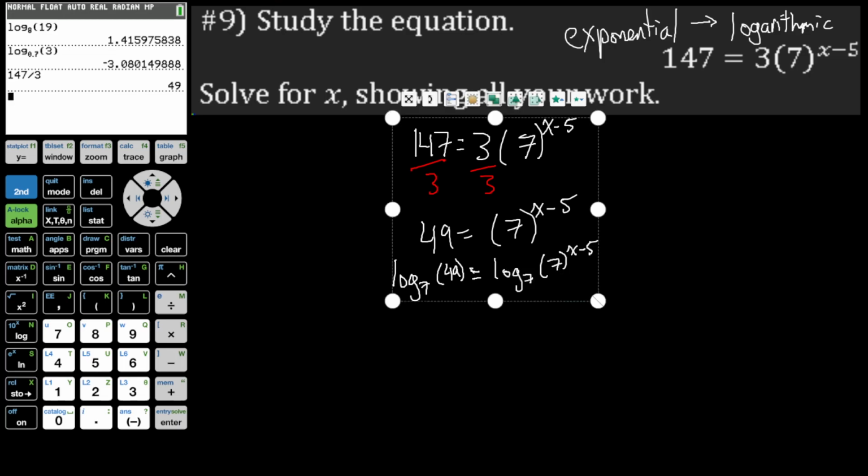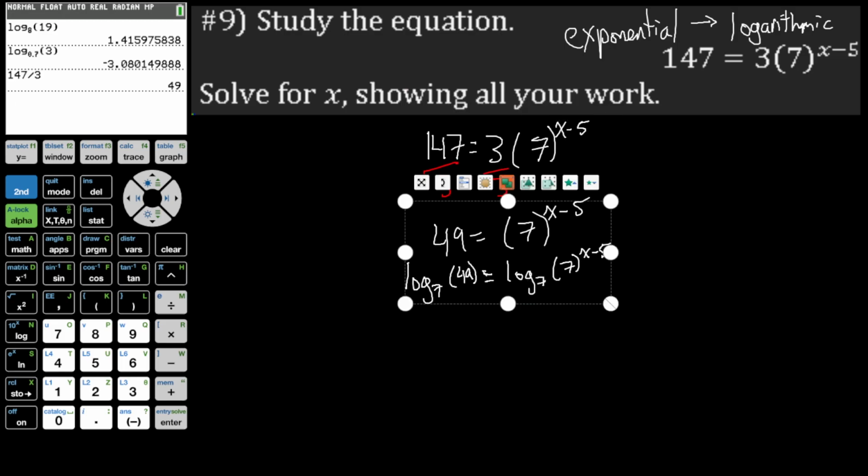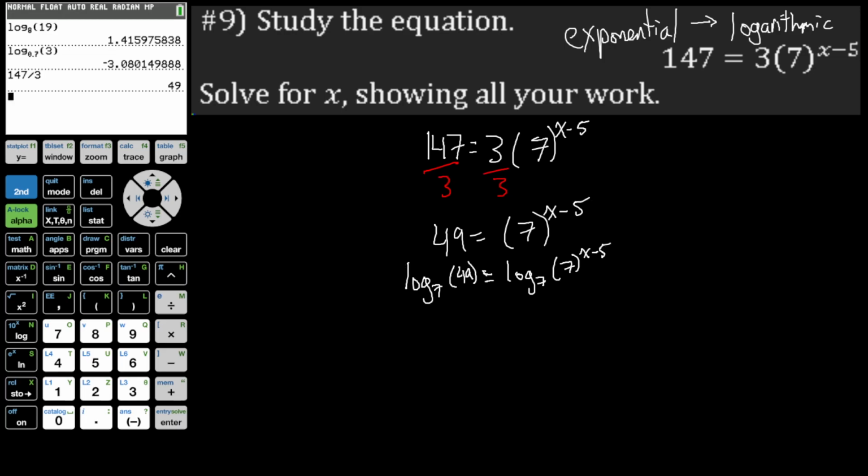It might be a little bit too much. All right, so let me rewrite it. Again, I can move this exponent to the front, and that's still multiplying.